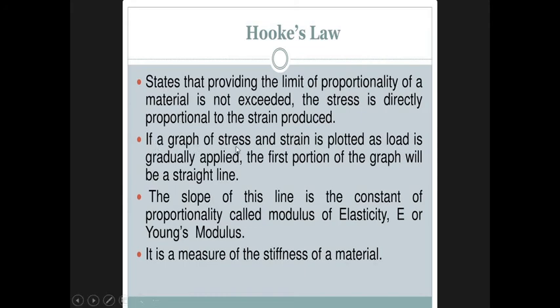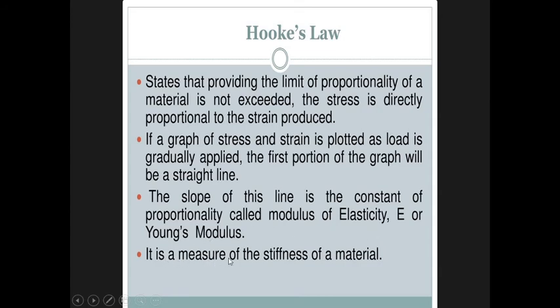If a graph of stress and strain is plotted as load is gradually applied, the first portion of the graph will be a straight line. The slope of this line is the constant of proportionality, called the modulus of elasticity E or Young's modulus.